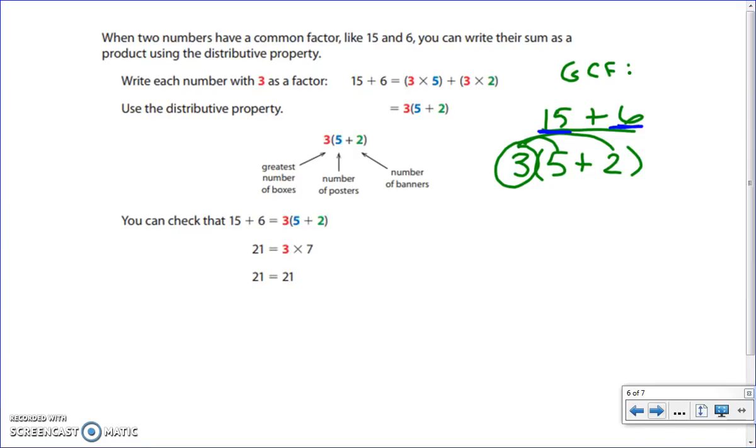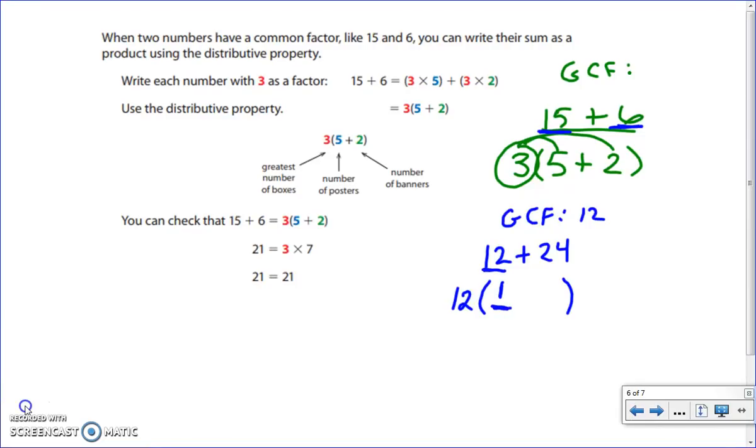Okay, so if you are given 2 numbers, say, let's go with 12 plus 24, we decided the greatest common factor between 12 and 24 was 12. So I know that if I take 12 outside using the distributive property, 12 times some number should equal 12.